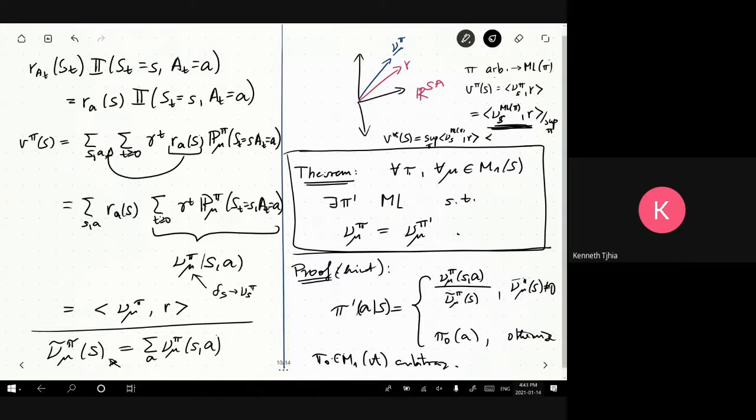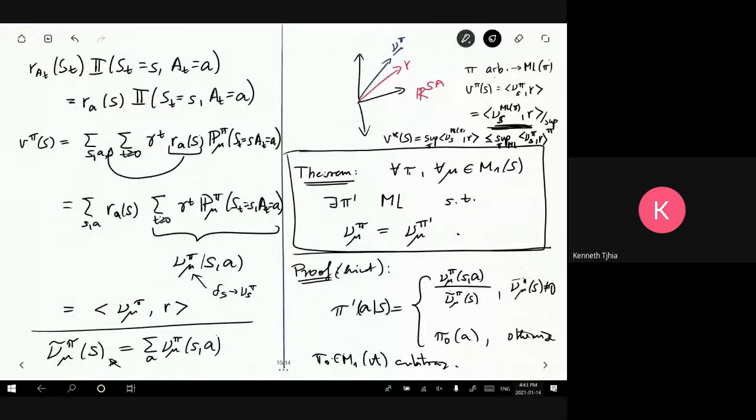So I get something bigger if I take all the pi which are memoryless, and I take their underlying occupancy measures and take the supremum over all these inner products, right? I increase the set. So possibly earlier, I only had a subset of these memoryless policies, the ones that were selected by the non-memoryless policies. In reality, they are the same, but we don't care for this proof.